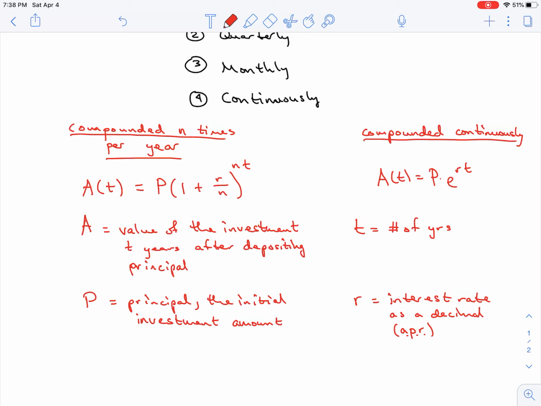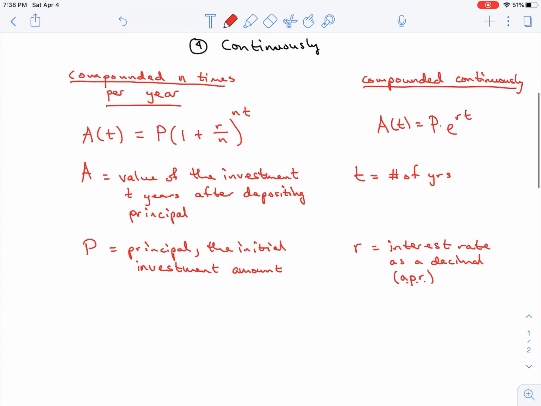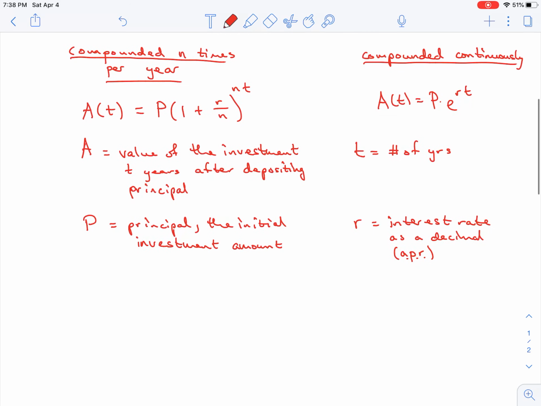The way compound interest works is you have money building on top of money, and the interest is not calculated on the initial investment. Instead, the interest is calculated on the present value as time passes. All right, so those are the models we'll be using for these 4 tasks.